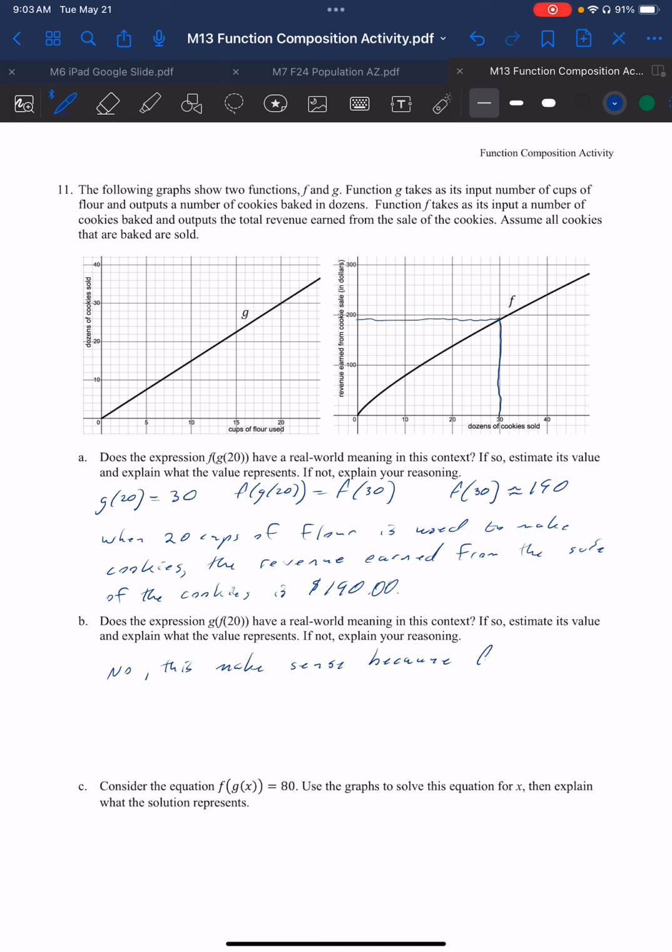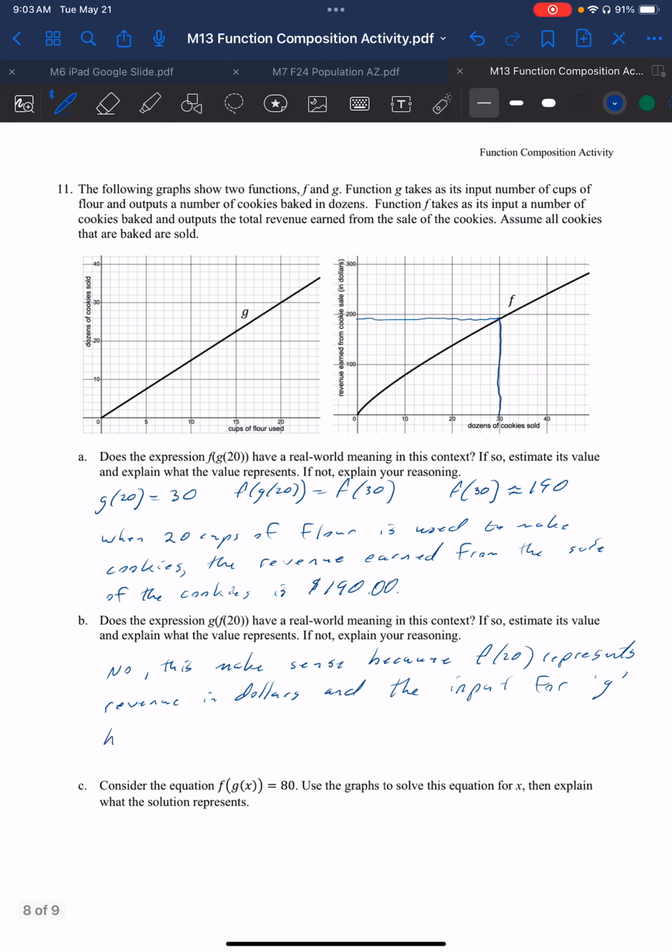Because f at 20 represents dollars, it represents revenue in dollars, and the input for the g function has to be cups of flour. So there's no sense to be made here.